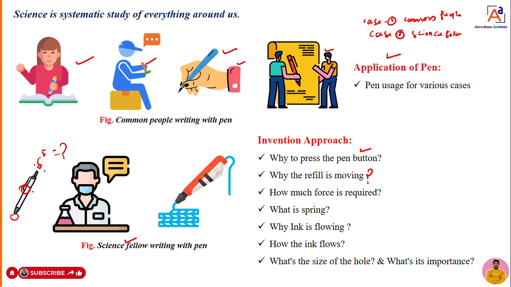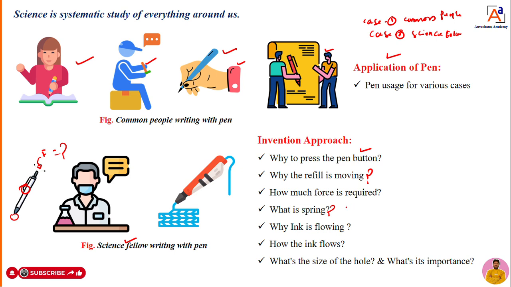Then, what materials are used to make this pen? If a spring is used in this pen, what is the application of the spring? What is the material used to make that spring? When we compress the spring, sometimes it compresses and sometimes it expands.